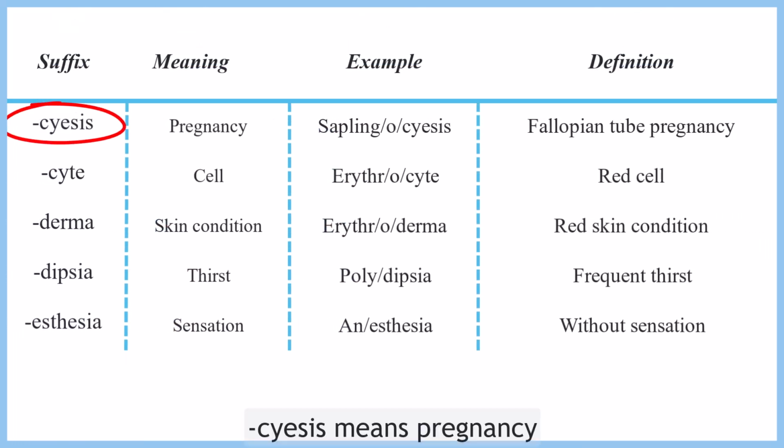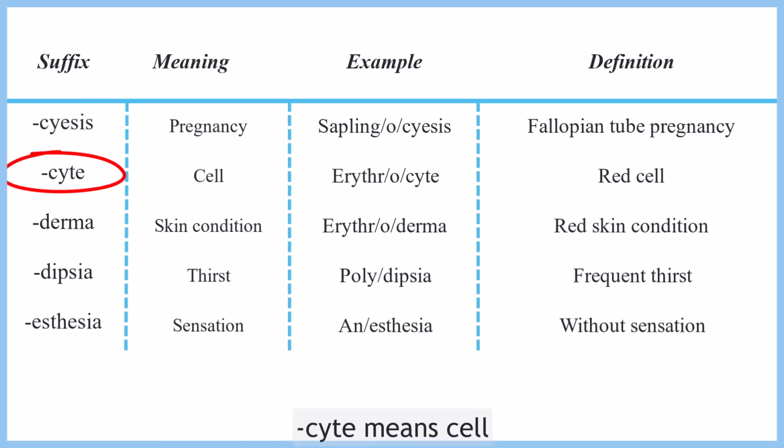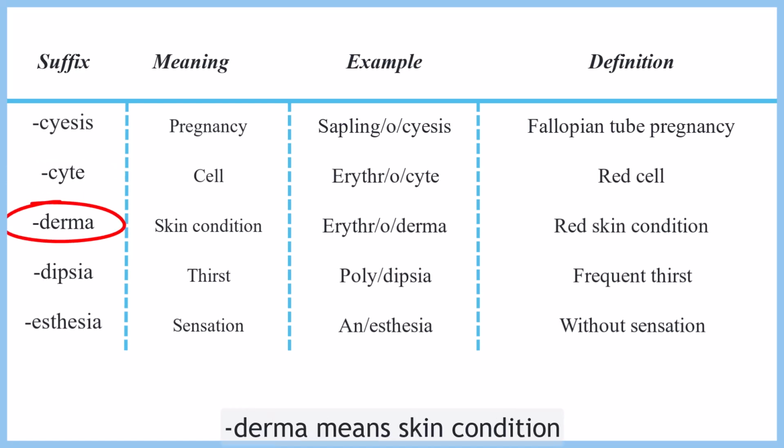Cyesis means pregnancy. Salpingocyesis means that there is a pregnancy in the fallopian tube. Cyte means cell. Erythrocyte, red cell. Derma means skin condition.